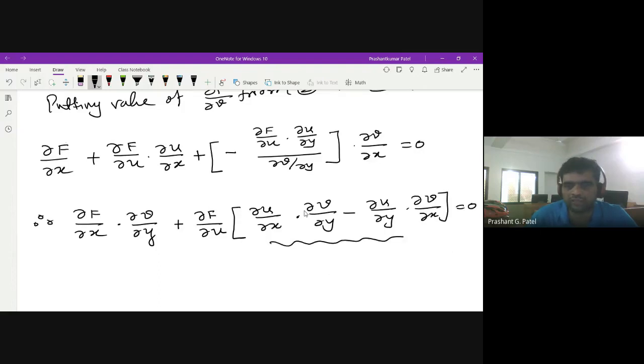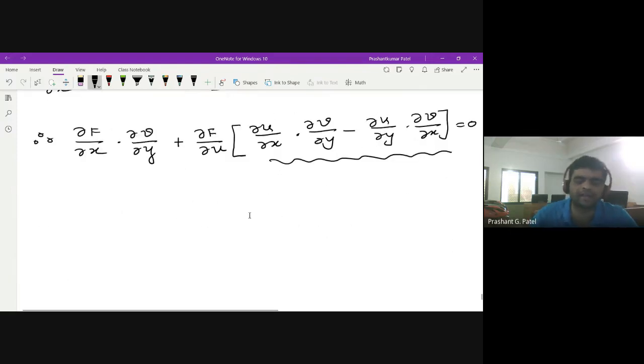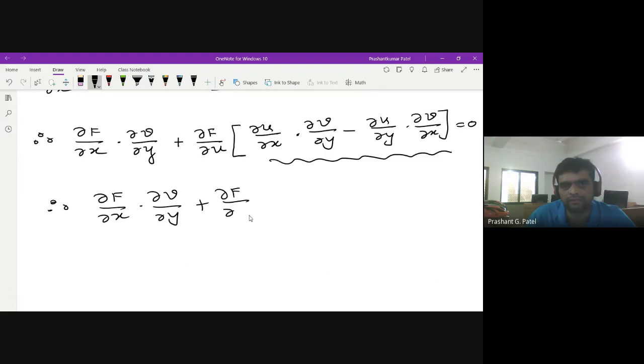And that expression is actually the Jacobian ∂(u,v)/∂(x,y). So this is ∂F/∂x into ∂v/∂y plus ∂F/∂u into ∂(u,v)/∂(x,y) equal to 0.